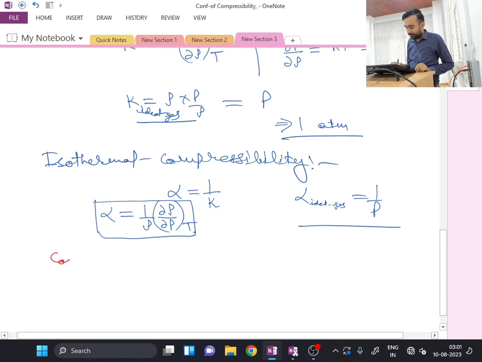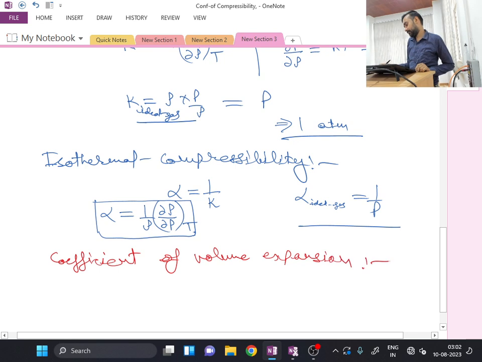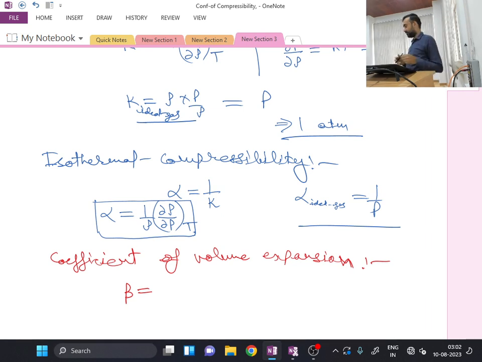Likewise, we have the coefficient of volume expansion. What does the coefficient of volume expansion give? It is given by the symbol beta. It tells us how our volume changes with temperature at constant pressure. Okay.